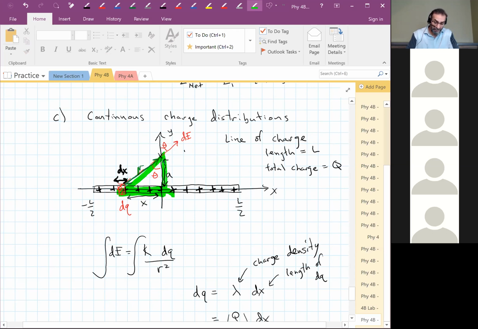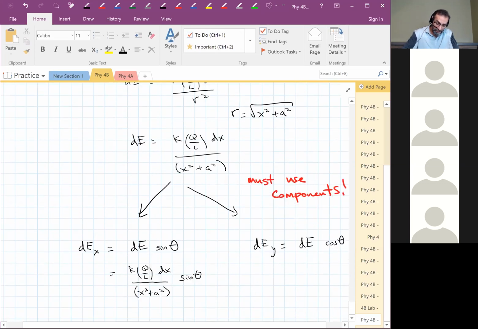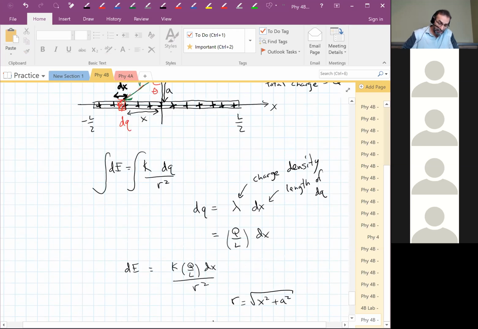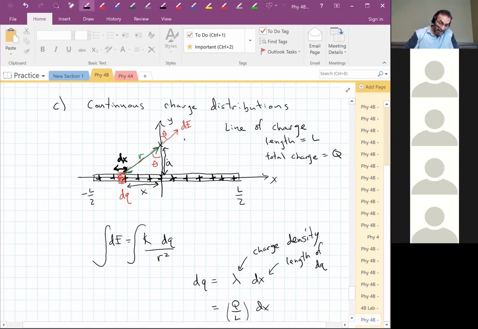You see that? x over r. So the sine of theta is x over r. And what is the cosine of that angle? It has to be a over r. You see that?